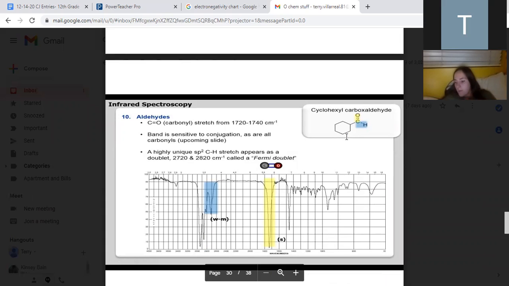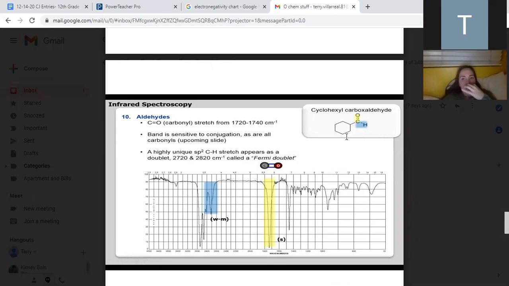Look at that yellow peak. It has a line coming down too. It's a very, very sharp one. Anytime you have a carbon double bonded to oxygen, you're always going to see a sharp peak between 1650 and 1800. It doesn't matter if it's a ketone, aldehyde, carboxylic acid, amide, or acid anhydride.